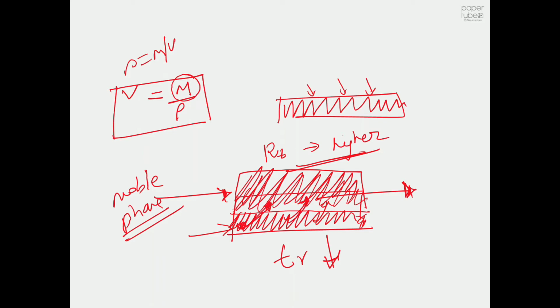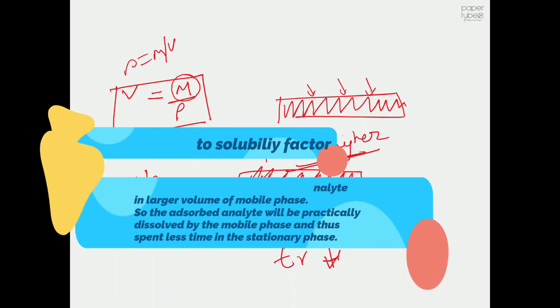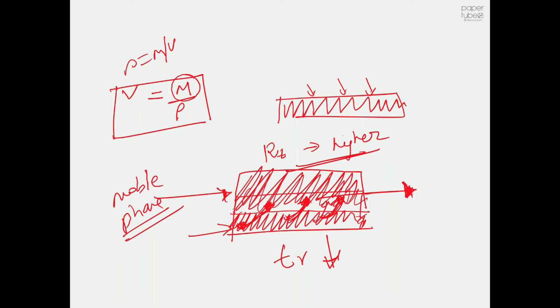And if you have more and more volume of mobile phase, you are pushing away your solute analyte molecules very easily from the stationary phase to the mobile phase, due to that concentration gradient that exists. So that's why your retention time is going to decrease. I hope you all get this point.